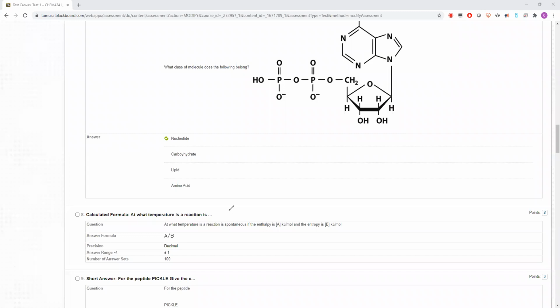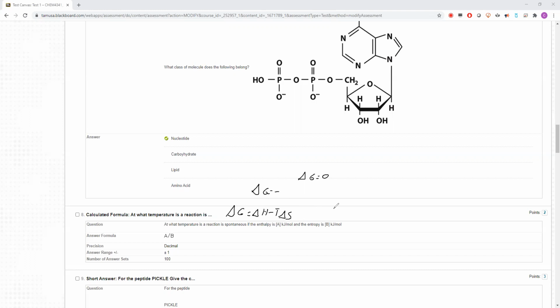So we have delta G equals delta H minus T delta S. The thing to remember about this is if delta G is negative, the reaction is spontaneous. So I'm looking for when delta G is 0, and I'll tell you why I'm going to do that in a second.